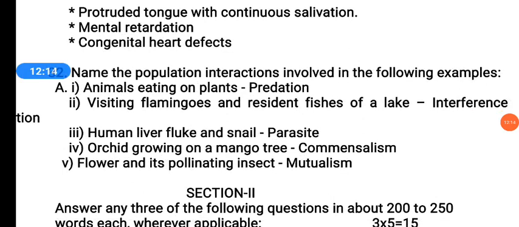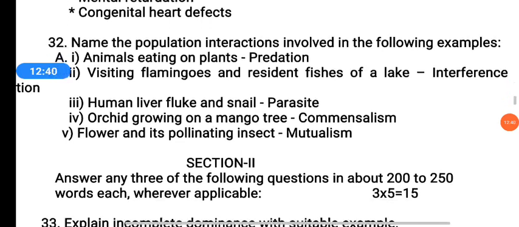Human liver fluke and snail, parasite. Okay, parasite, because the liver fluke is able to cause harm to the snail. Orchid growing on a mango tree, commensalism. Okay, commensalism. Flower and its pollinating insect, mutualism, mutually benefited. Okay, so this is about the population interactions.